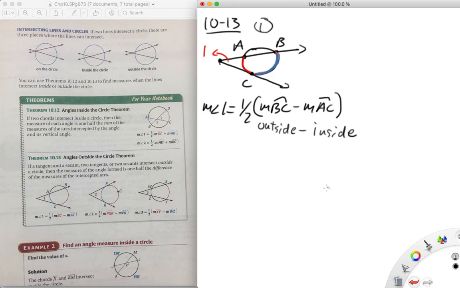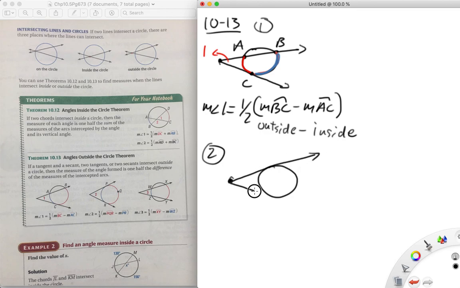All right. Case scenario number 2, and by the way, all the equations are going to be exactly the same. You're going to be half of the difference of the outside minus the inside. But these are the 3 different cases where you can use it. Okay. Case scenario number 2. We have a circle, but instead of having a chord and a tangent line, we have 2 tangent lines.